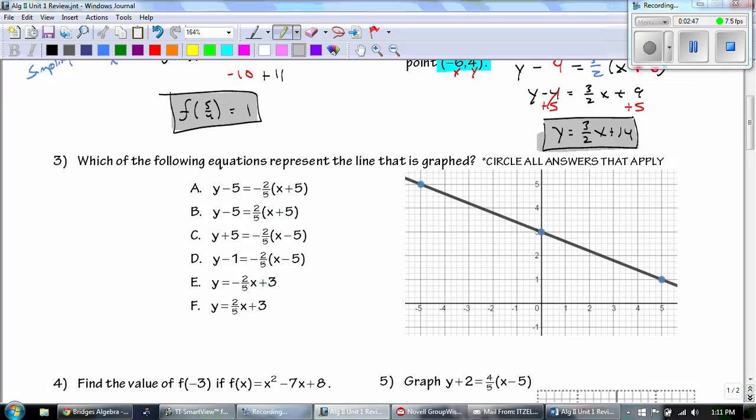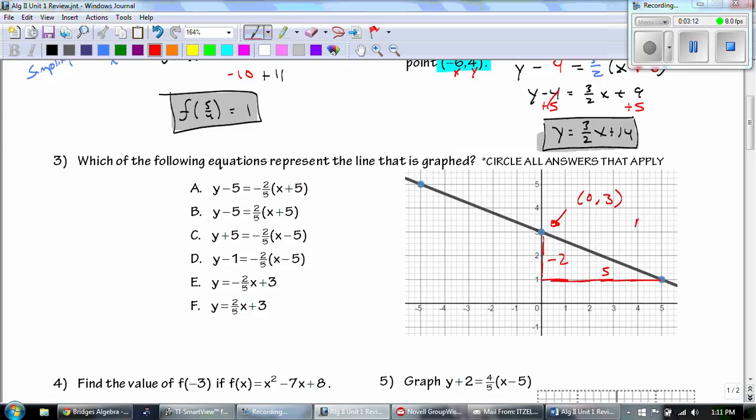All right, number 3. Which of the following represents the line that is graphed? Circle all answers that apply. So what I'm going to do first is figure out what my y-intercept is, and then my slope. I go down 2, then over 1, 2, 3, 4, 5.